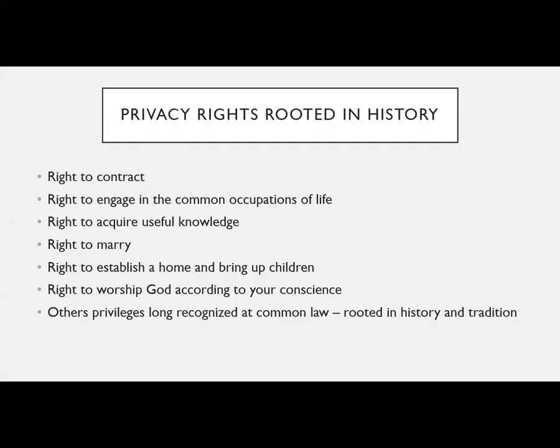They included the right of the individual to contract, to engage in any of the common occupations of life, to acquire useful knowledge, to marry, establish a home, and bring up children, to worship God according to the dictates of his own conscience, and generally to enjoy those privileges long recognized at common law.